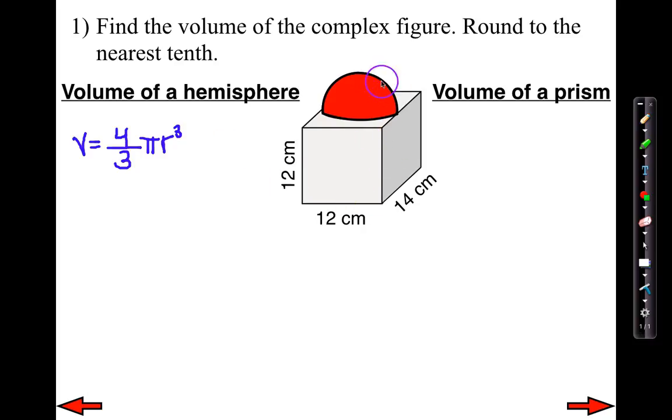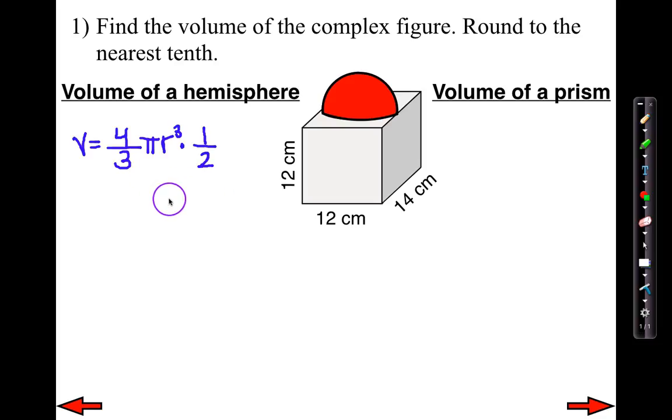Since it's only half of it, I'm going to take half of the volume. There's two ways to do that. You can divide this entire thing by 2, or you can multiply by 1/2. I think it's going to be easier for most of you to multiply by 1/2. Please understand that's the same thing as dividing this entire thing by 2.